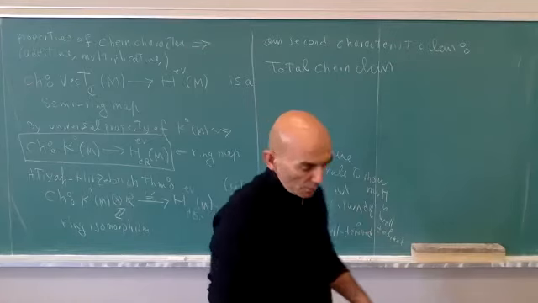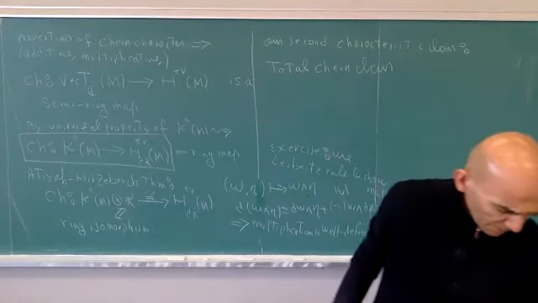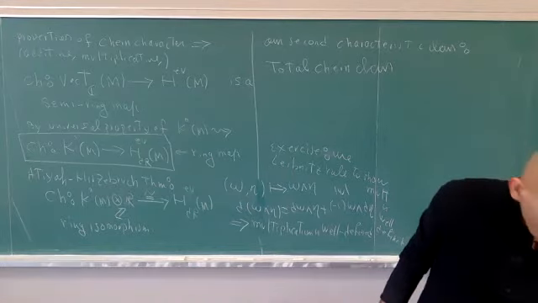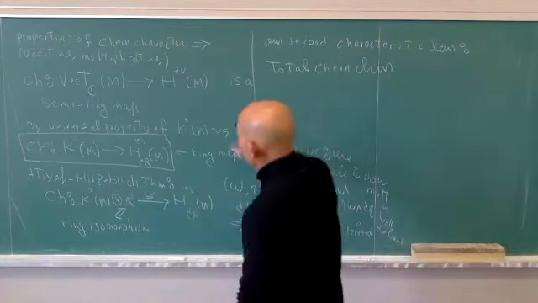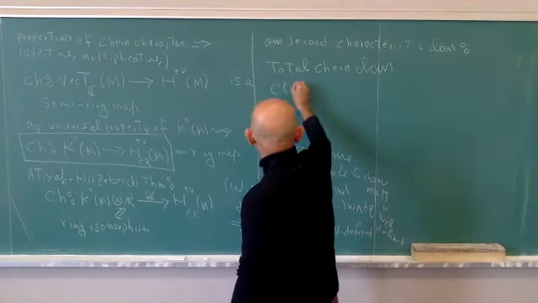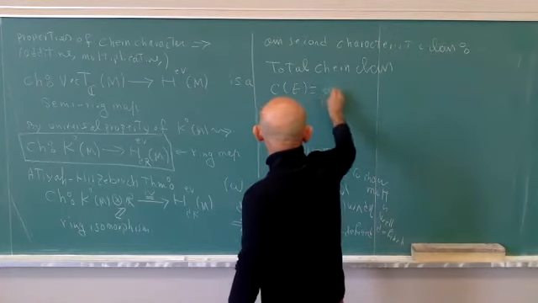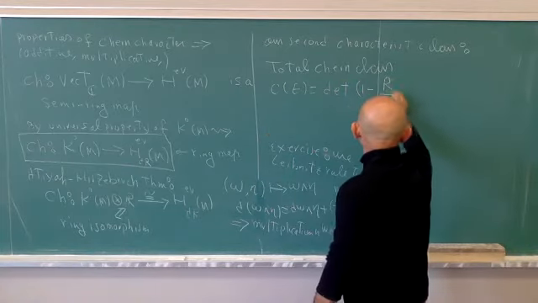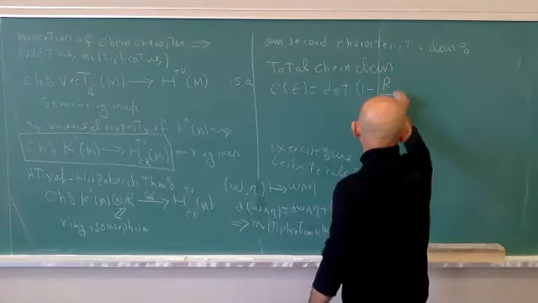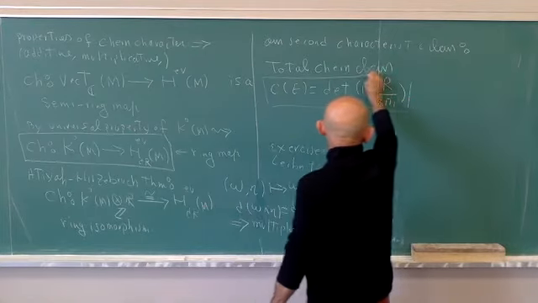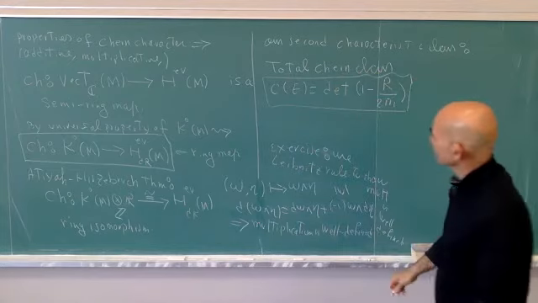Let me define this total Chern class for you. The total Chern class c(E) is equal to the determinant of 1 minus R over 2 pi i.